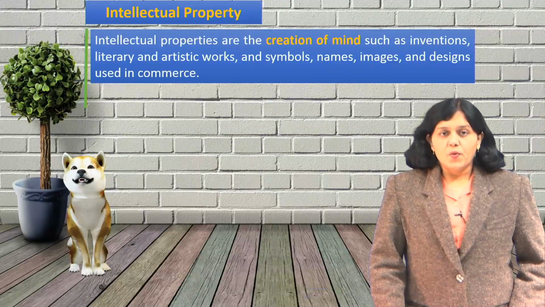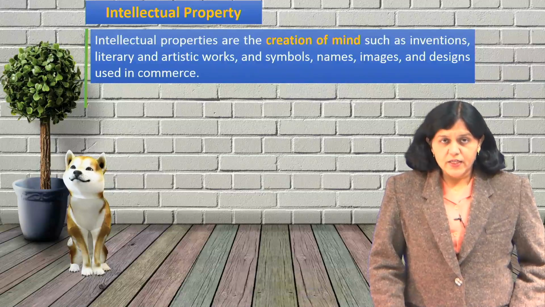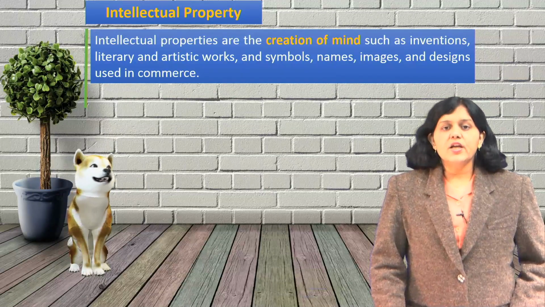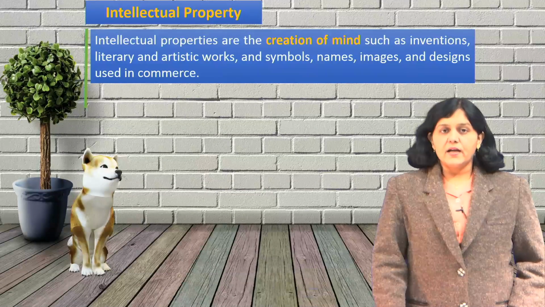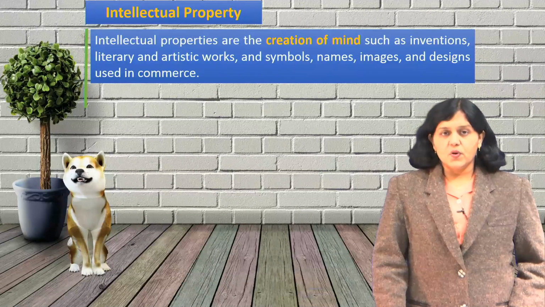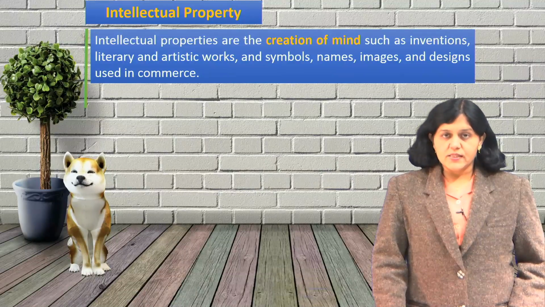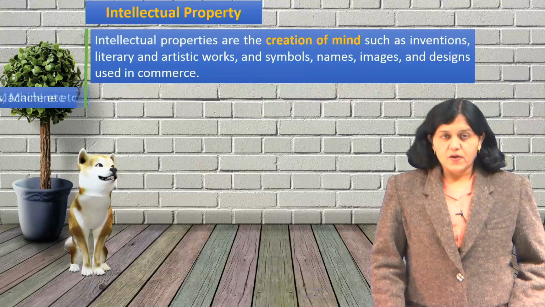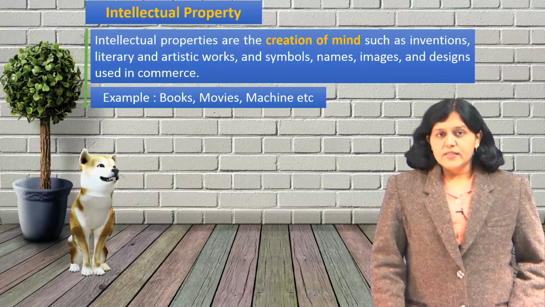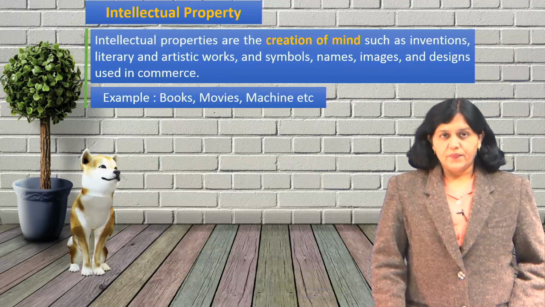IP, or intellectual properties, are the creation of mind such as inventions, literary and artistic works, and symbols, names, images and designs used in commerce. For example, movies, books, etc.